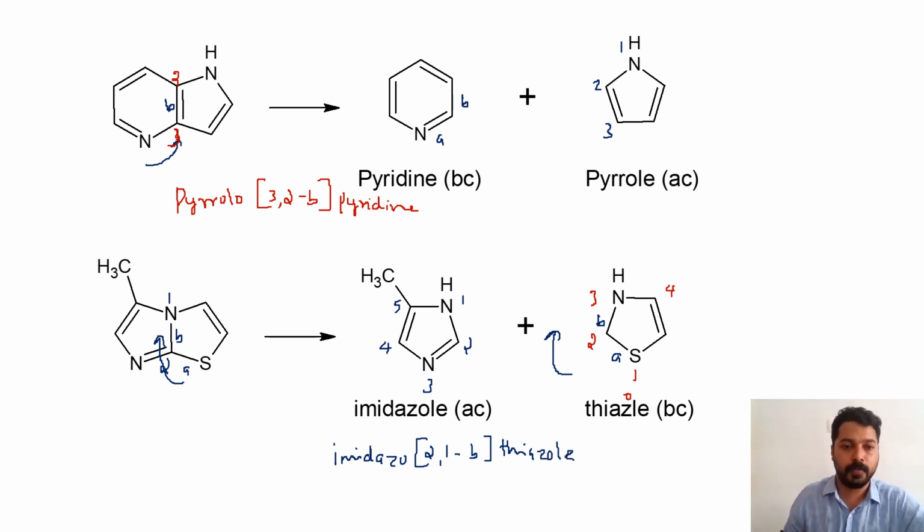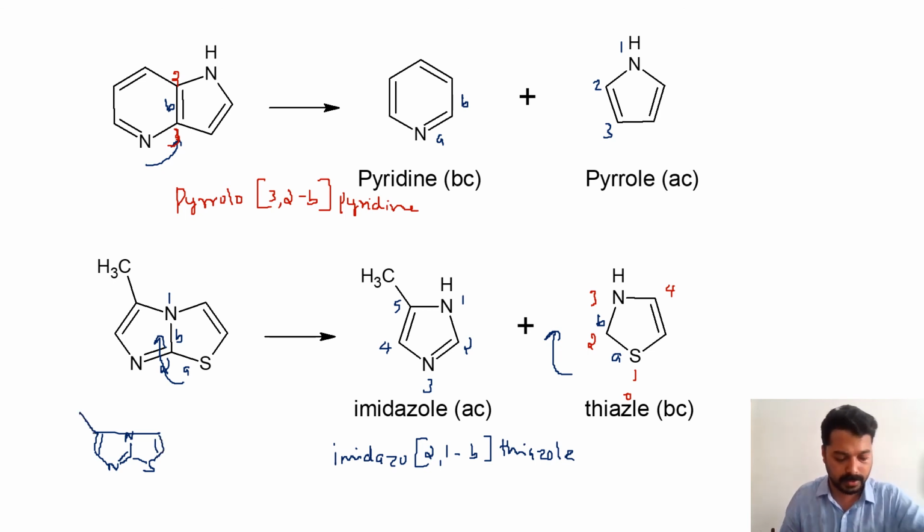Now if you look into this molecule, there is nitrogen out here. Methyl, this one. So you have to number the entire system for indicating the position of the substituent. You cannot use the imidazole numbering only for the substituent. So for that we have to number the entire molecule.